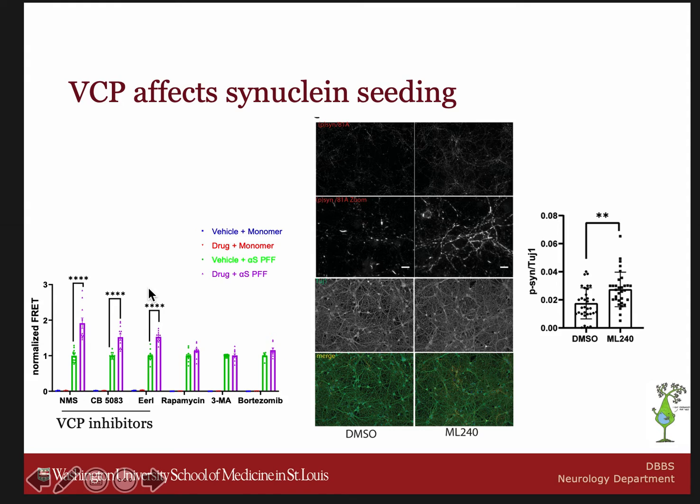Also, we used VCP inhibitors, which in a reversible way temporarily inhibit VCP functions. You can see over here that ML240, one of the VCP inhibitors, actually has a similar effect to VCP knockdown.